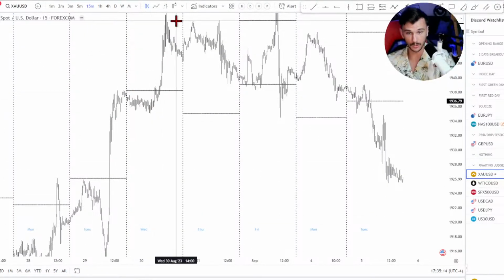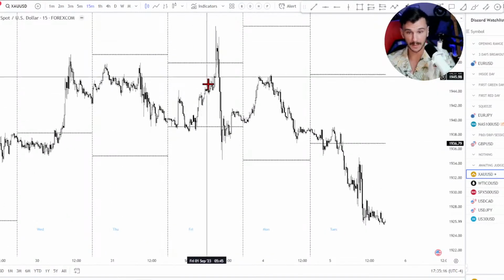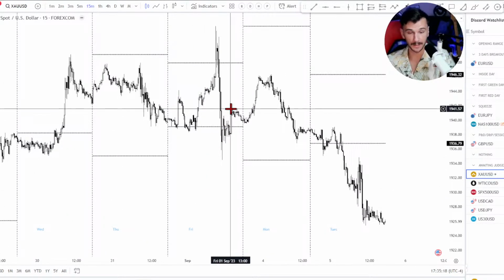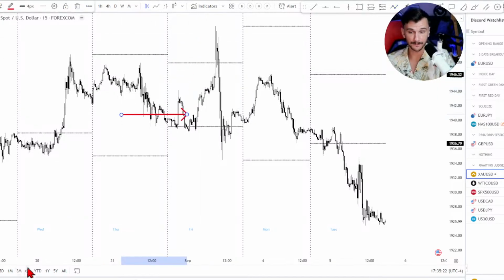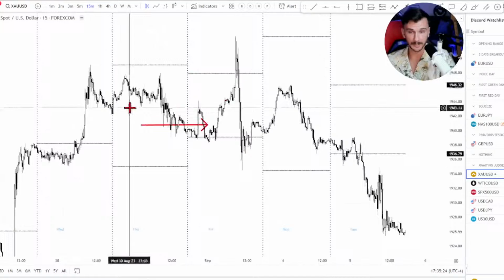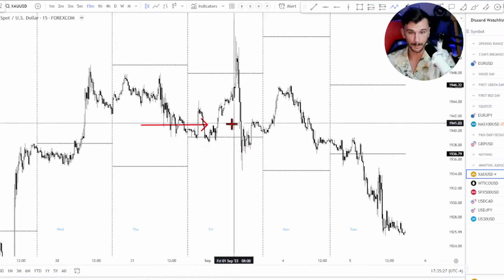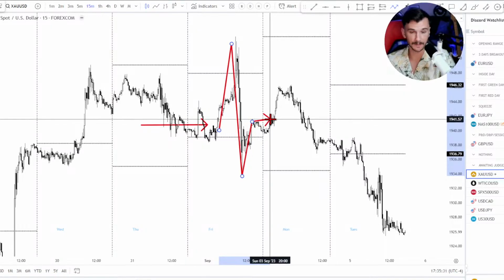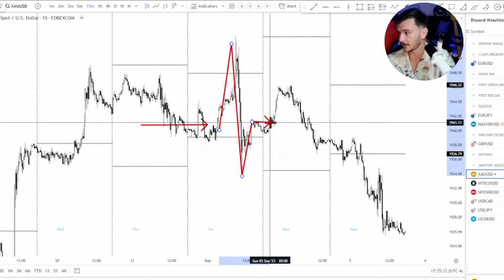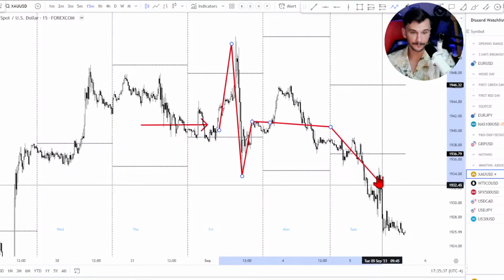Notice the huge move up, spiked the high, spiked the low, pulled back inside. For everybody wondering what a day zero pattern is, this is it. Multiple days of longs in the market. Big spike up, big spike down. Pulls back inside. That's a very important detail to categorize a day zero. And then a channel down.